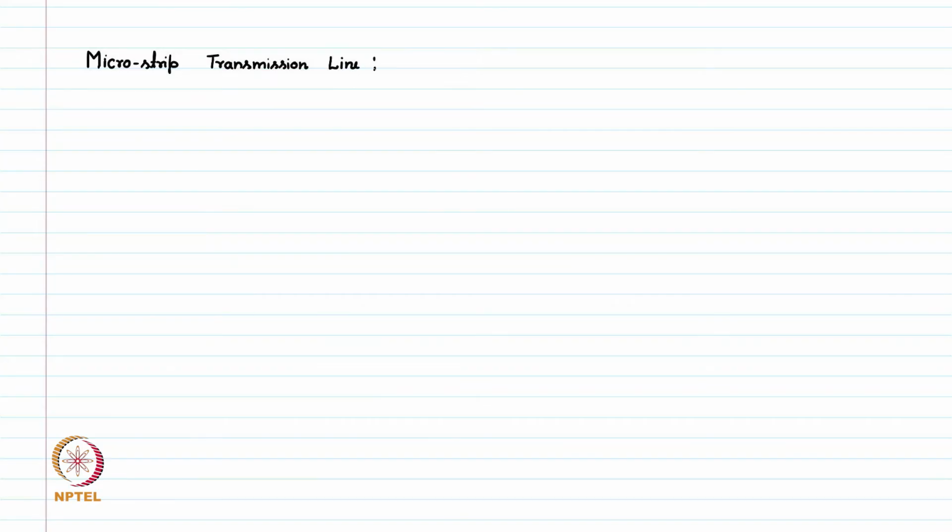So, microstrip transmission line is very widely used in RF PCB design for connecting one component to another component and carrying the signal from one place to another.